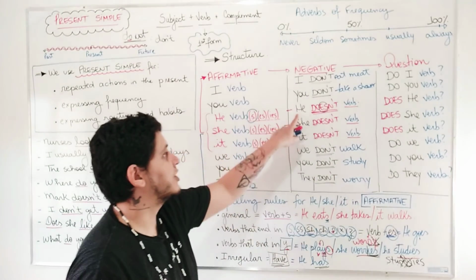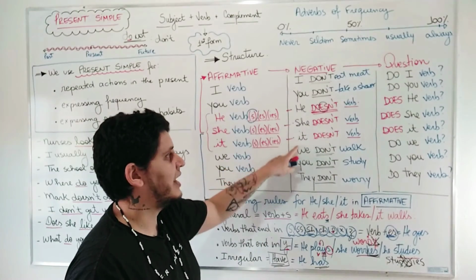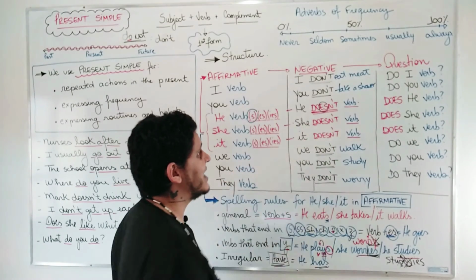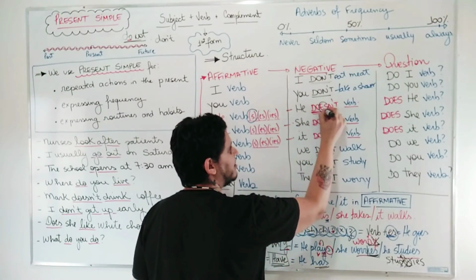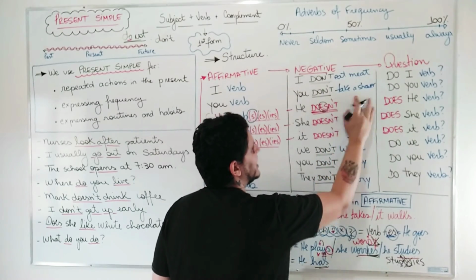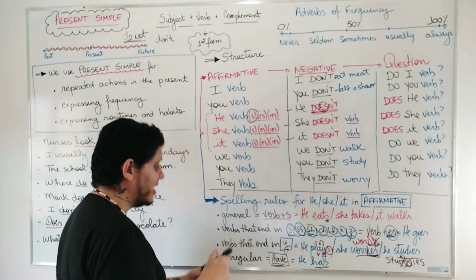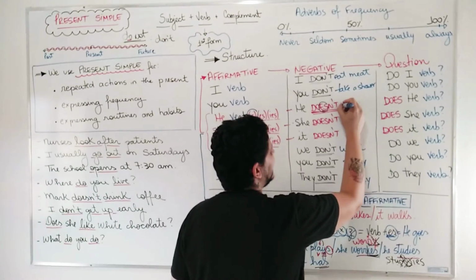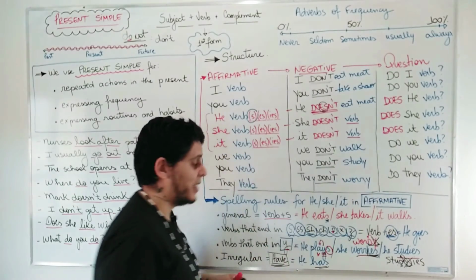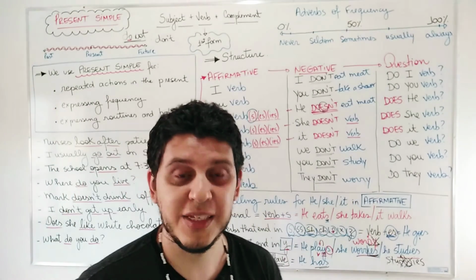Does, because we are talking about he, she, and it. In this case, doesn't. And as this has already been changed, the verb remains the same. So if I want to say, "ele não come carne," he doesn't eat meat.